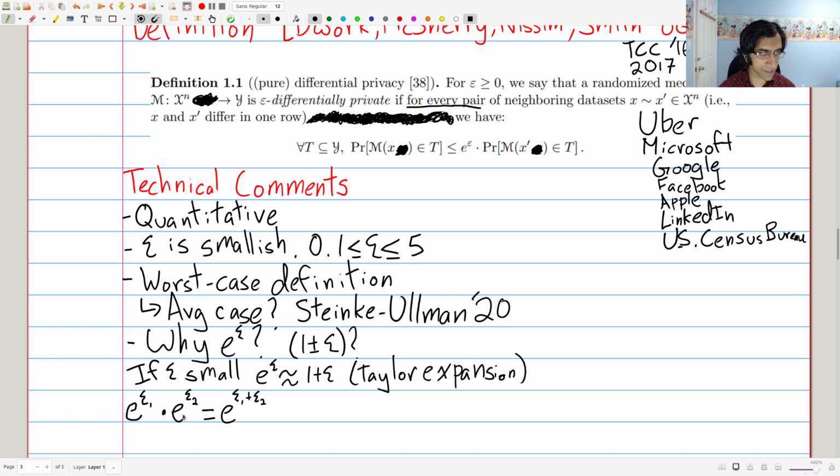And why is that convenient? We'll revisit this later in something called group privacy, but it's essentially saying that, imagine you chain this together, like instead of just one data point, you change 2 data points. Well, you can chain inequalities like this together, and you can just combine those, and it'll become e to the 2 epsilon rather than 1 plus epsilon squared. So this is convenient because of this property, which we'll revisit and talk about a bit later.